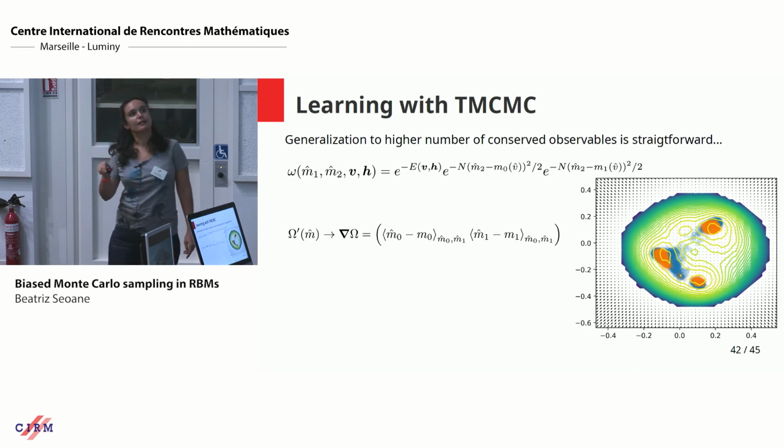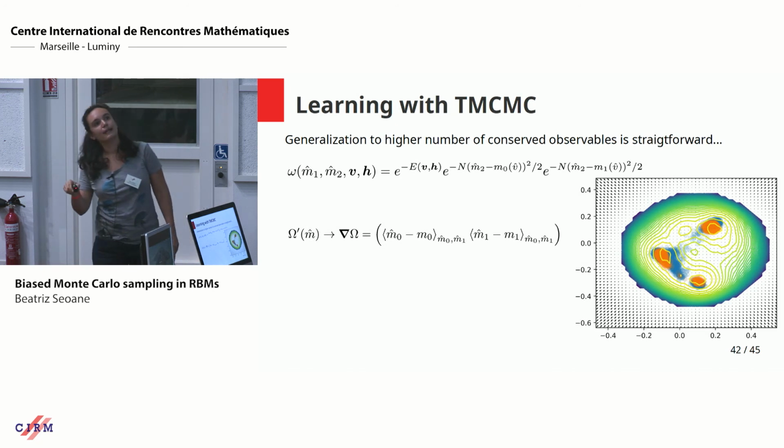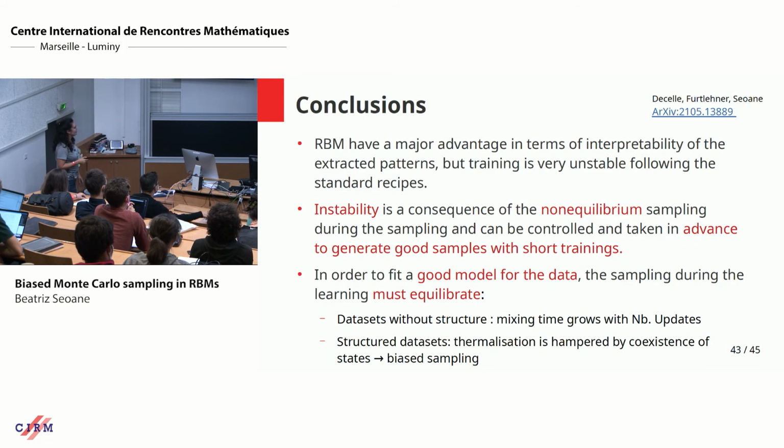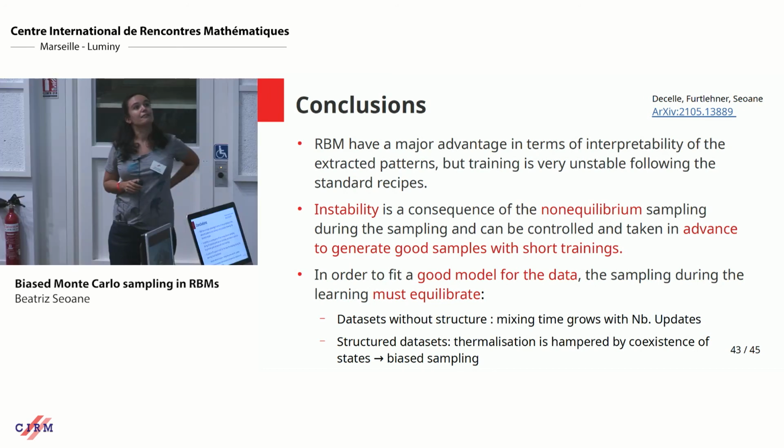And here we did a learning using this ensemble. Here I showed you the tethered potential, and we see that, okay, we managed to learn models that are able to catch these different isolated clusters of data and generate them accordingly. And okay, with this I finish.